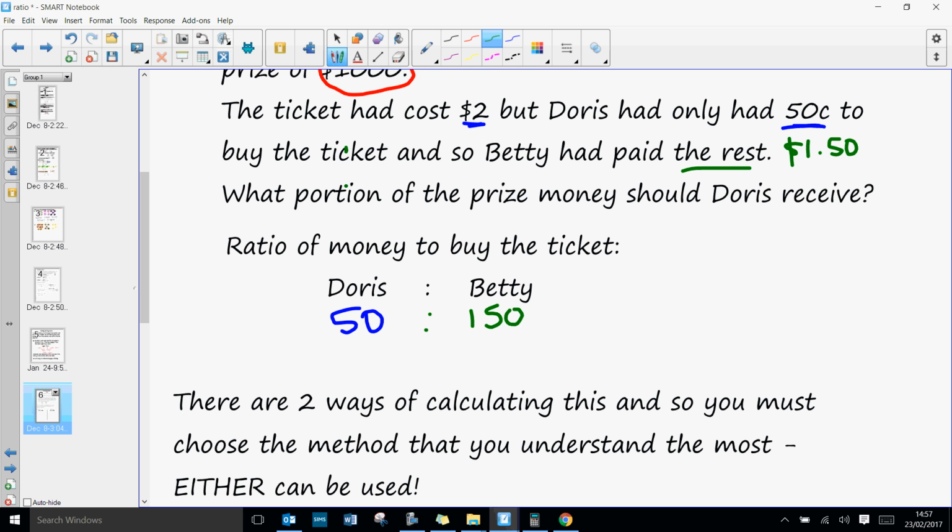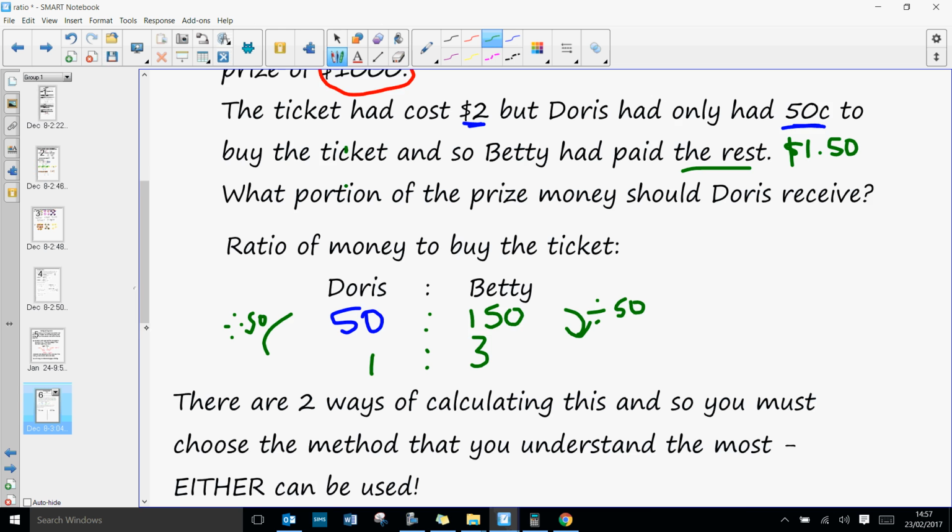So let's make this as small as possible. I know that these can both be divided by 50. So this is 1 to 3. So our ratio of Doris and Betty's money that they put in was 1 to 3.